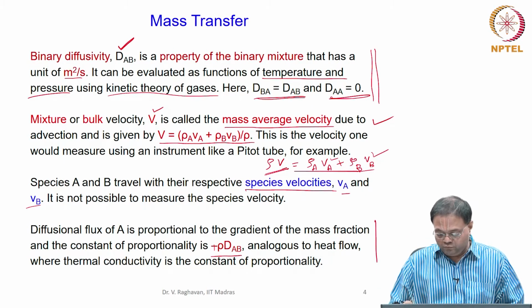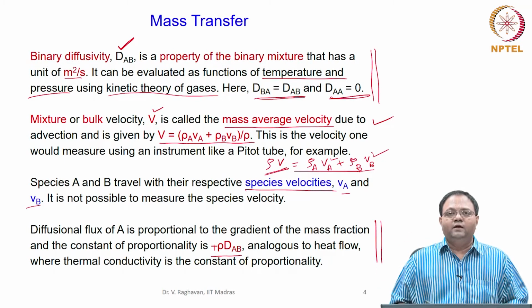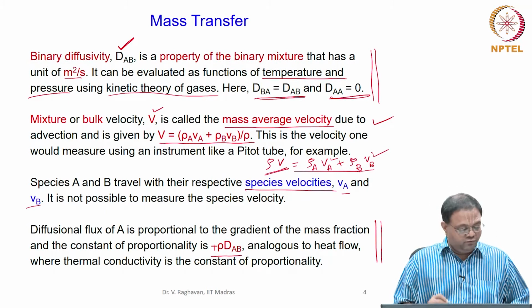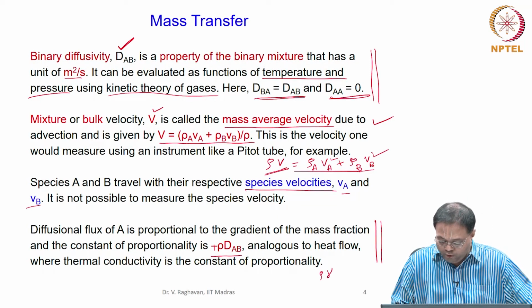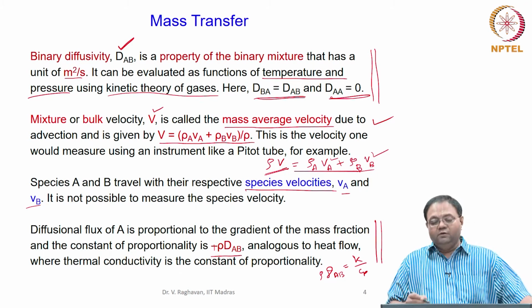Okay. So that is called heat diffusion, this is called mass diffusion. That is very important to understand. You can also see that rho into DAB will be equal to K by Cp. We can show this.